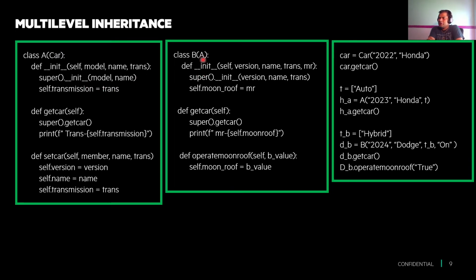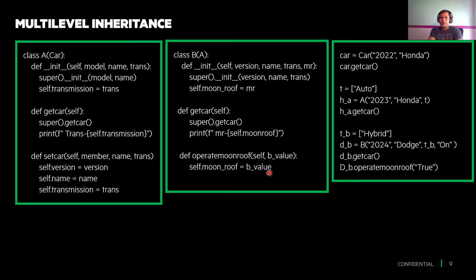But whenever we say super, we are saying super of init means super of class A. We are saying super dot get car, we are saying super of class get car of class A, and so on. So what we see here, we added transmission information. In the class B, we added another function, another method we should be saying, operate moonroof, and we added some more information here.